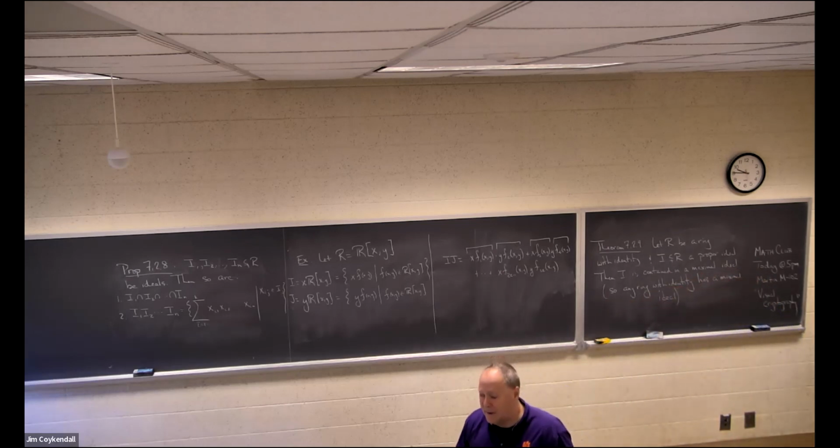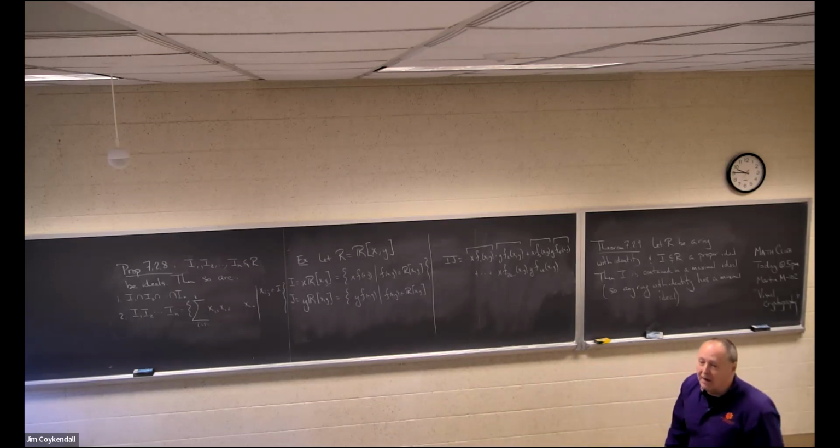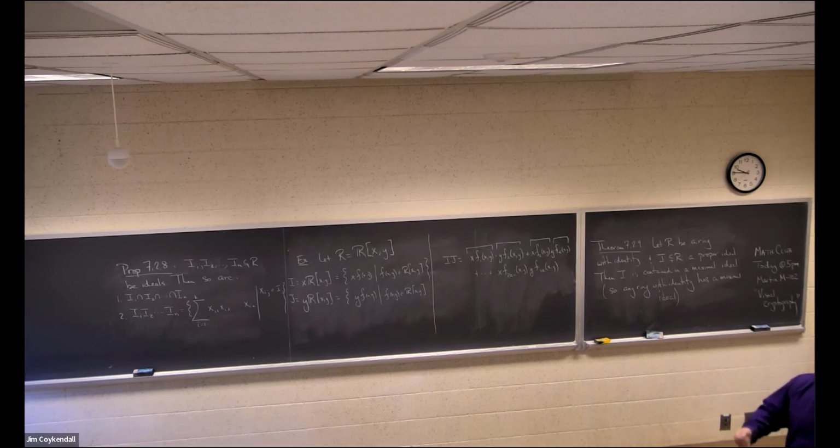Yes? The definition of maximal ideal that we had at the beginning of the lecture says that a maximal ideal must be a proper ideal. That is correct. If we use the terminology maximal, prime, or radical, we're assuming it's a proper ideal.